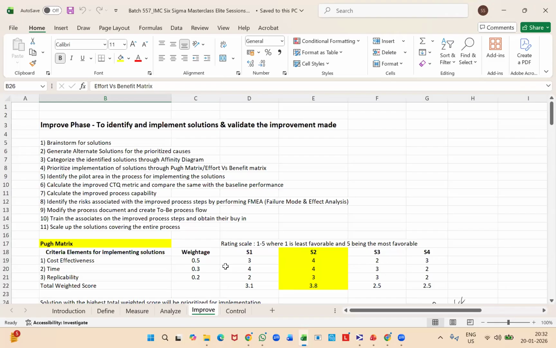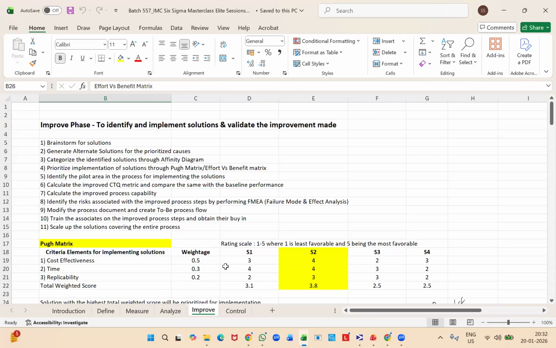And then we will also calculate the improved process capability, wherein we will calculate the improved sigma level. And then we will identify the risks associated with the improved process steps by performing an exercise called FMEA, failure mode and effect analysis. And then we will modify the process document and also construct what is called the To-Be process flow, the depiction of the process that needs to be followed in the future.